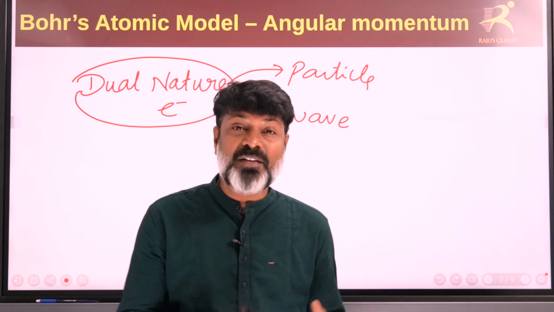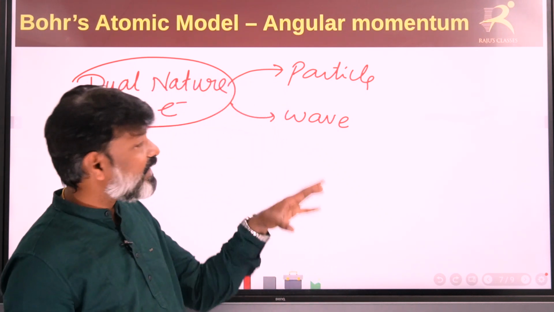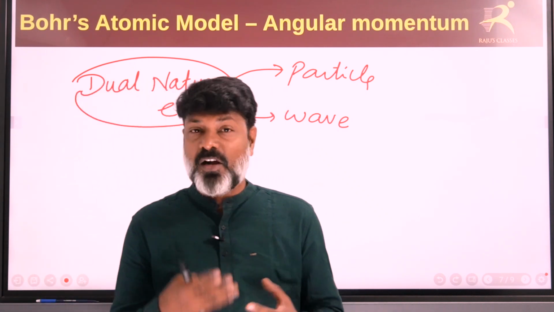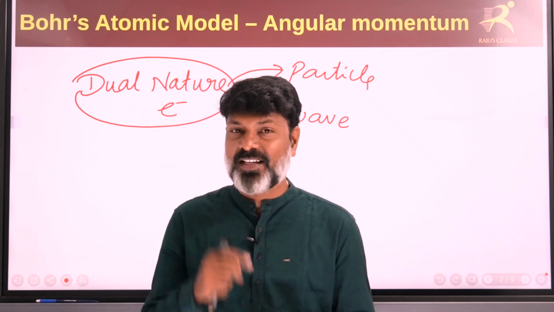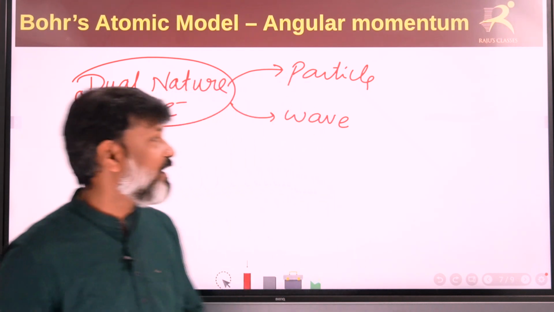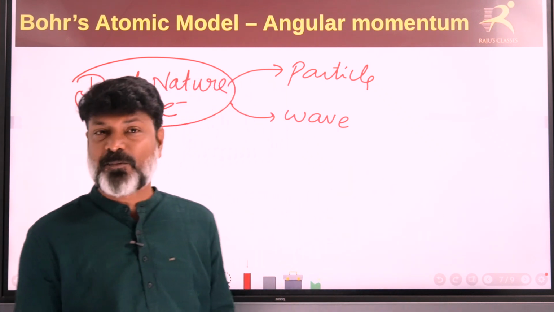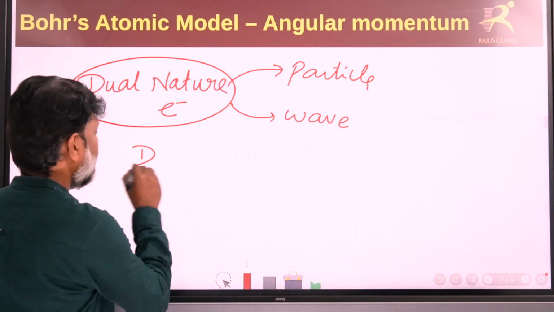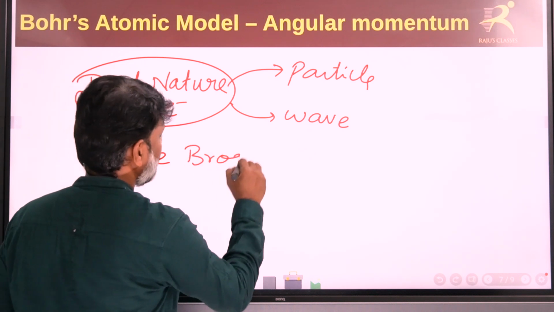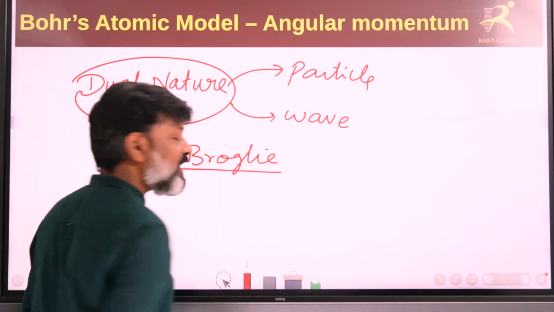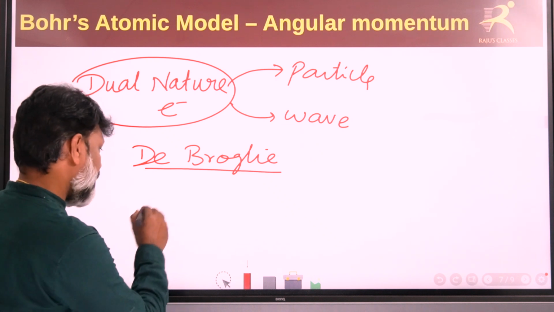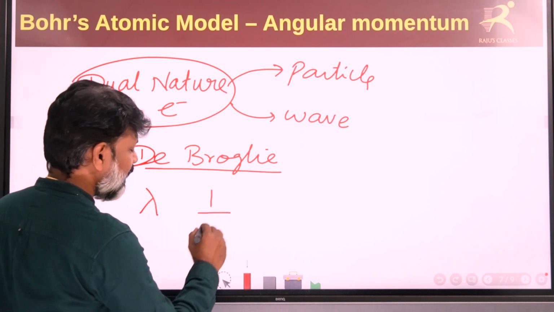Conceptually we should be strong enough so that whenever they ask questions from this atomic model, you can answer with the correct objective answer. So it is better to know this concept also. This dual nature was very well explained by de Broglie. This scientist related the wavelength lambda to the linear momentum.